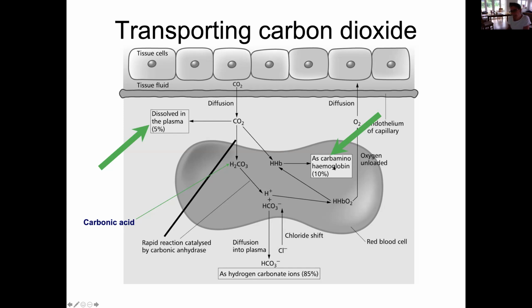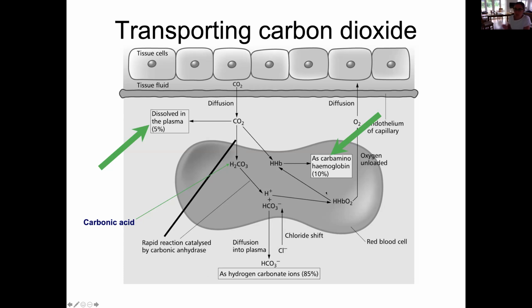And we go round in this little cycle to carry the CO2 and cause the oxygen to be unloaded. Obviously, the more CO2 we have, because the tissues are respiring more, the more of this process is going to be happening, and therefore the more oxygen is going to be released to the tissues.